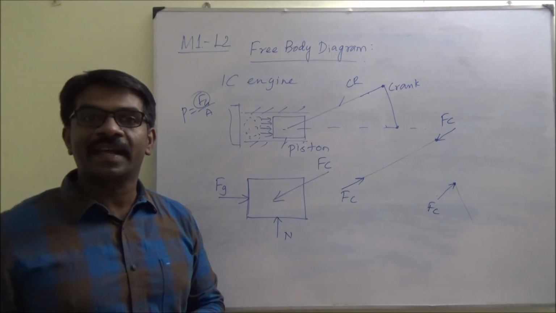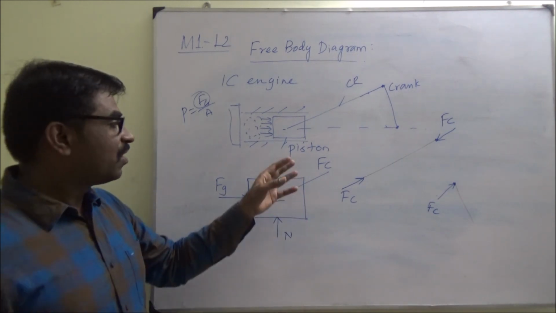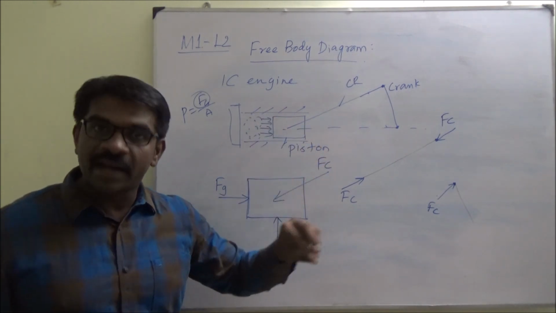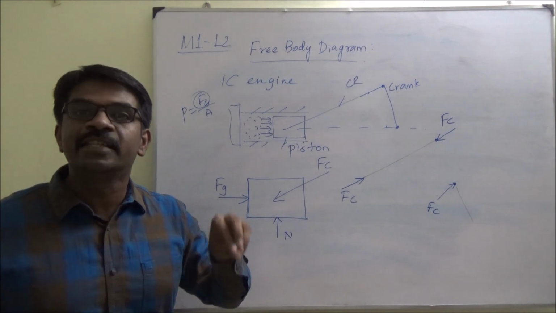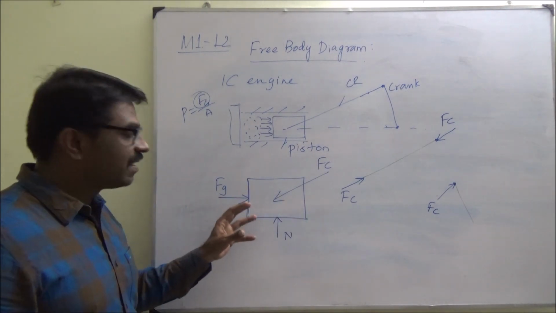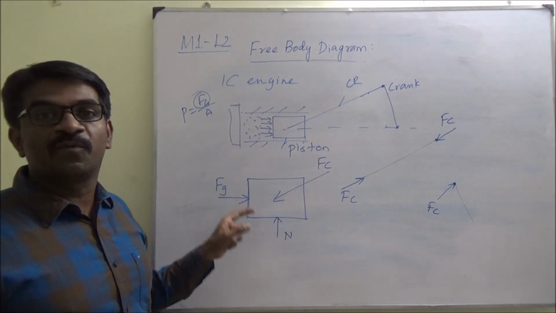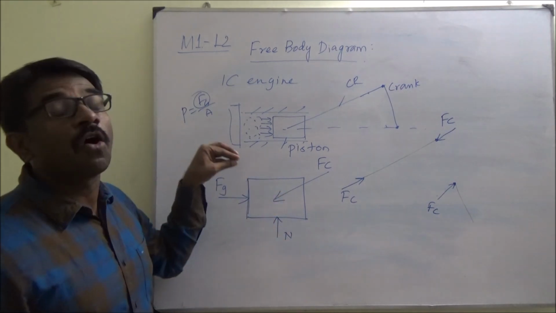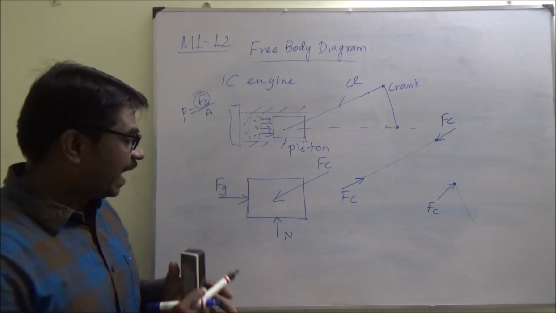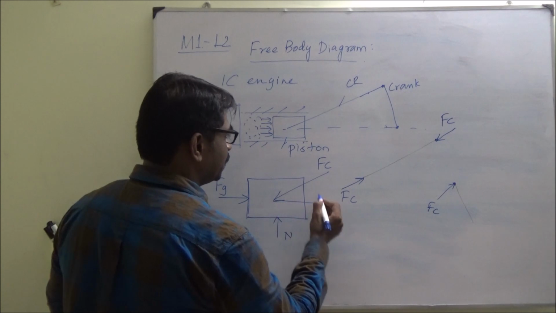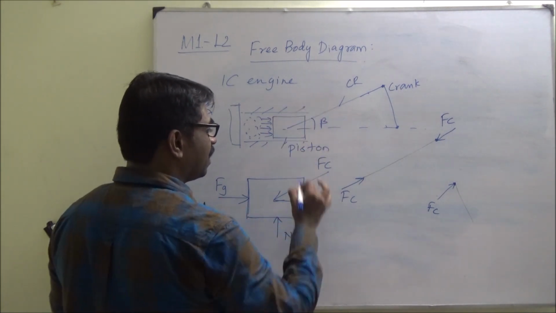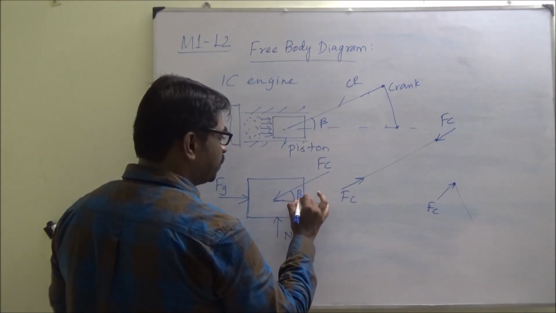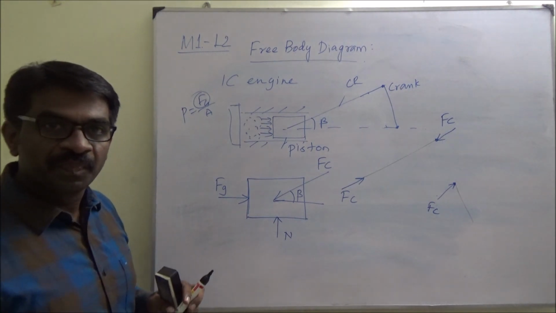Then what is a free body diagram? It is a representation of isolating the required body that needs to be analyzed, and then representing all the external forces acting on the body. And also, if there is some angle beta, I have to put that also.